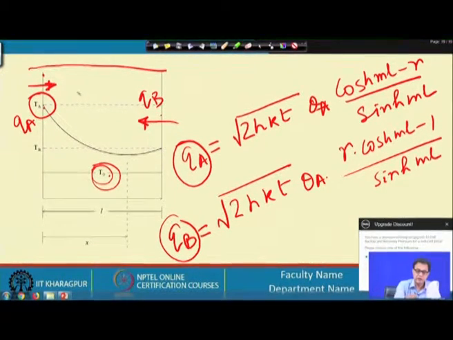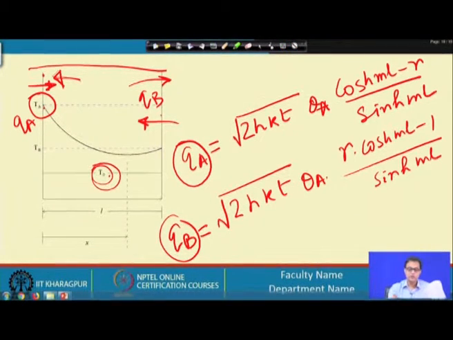In that case, the heat will be getting transferred from the fluid to the wall. We need not worry about that, because once we frame the equations, it will automatically be taken into account. This Q B or Q A will automatically take into account this temperature.